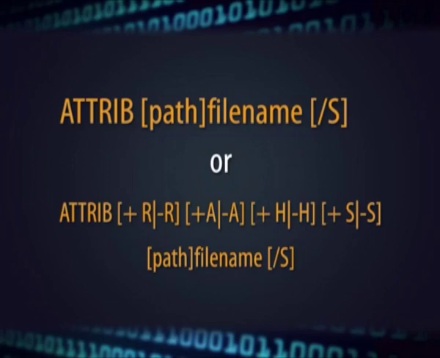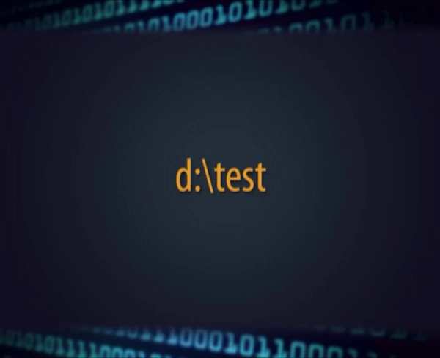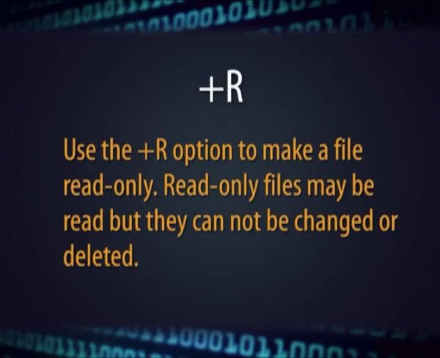Syntax of the attrib command is attrib, d:path file name /s. Now, let us understand the syntax which we can use with the attrib command. In the syntax, path is the complete address of the file, like d:/test. +r option is used to make a file read only.